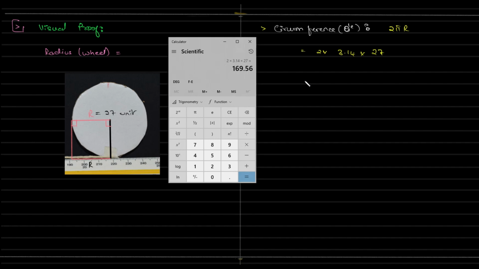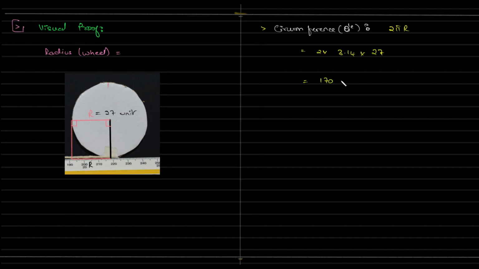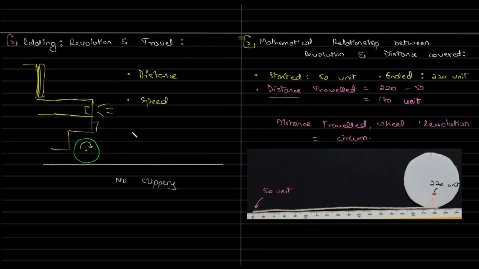And this is approximately, you can see, I didn't cheat, 170-ish unit. So it makes sense. Right. What we did was right. What we concluded was right. That is, if a wheel rotates one revolution, the distance it travels on a non-slippery surface is equal to the circumference of the circle, right? Okay.